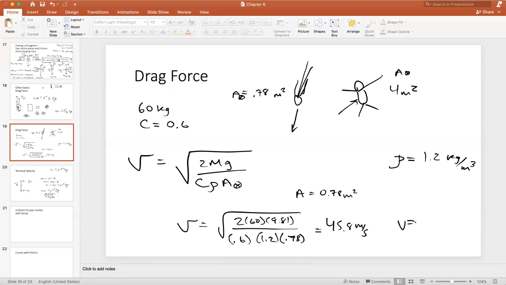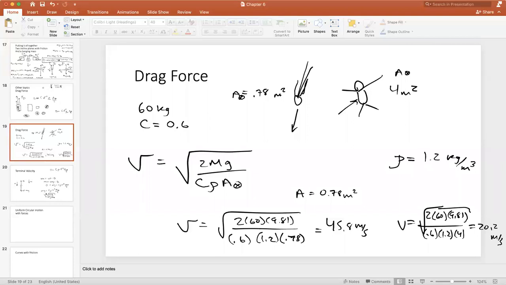And what you get is v is 2 times 60 times 9.81 over 0.6 times 1.2 times, now, 4. When I do this, I get 408. The square root of this is 20.2 meters per second.